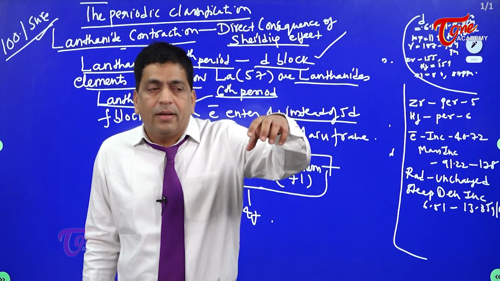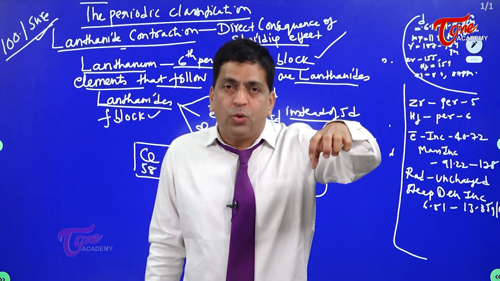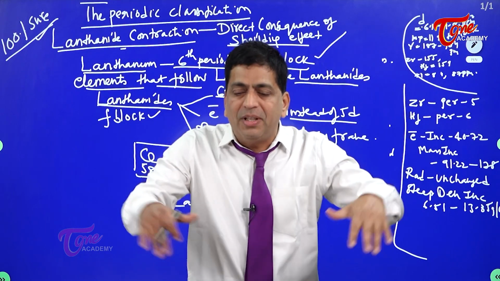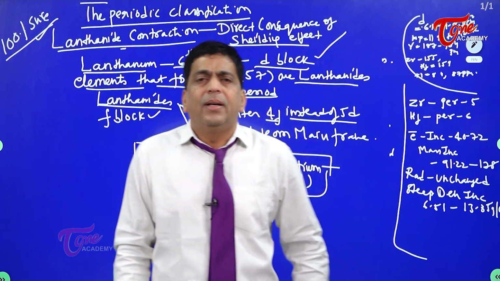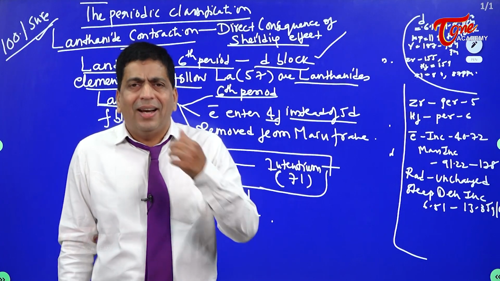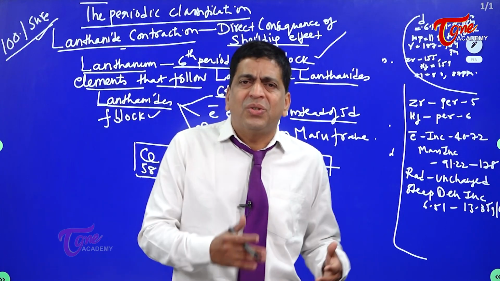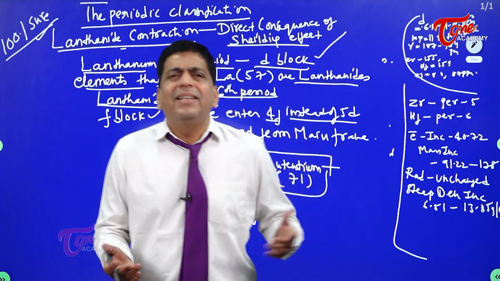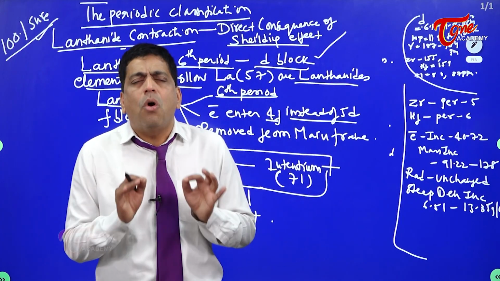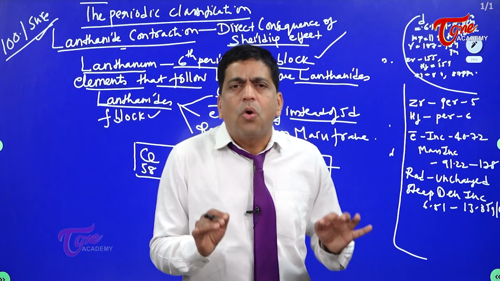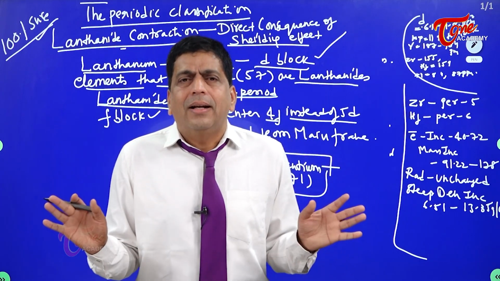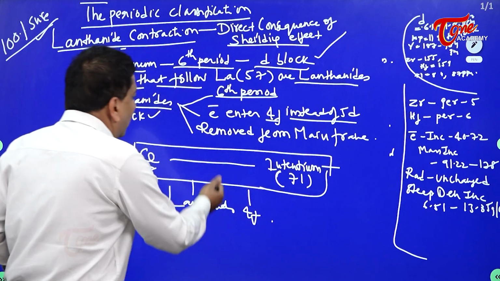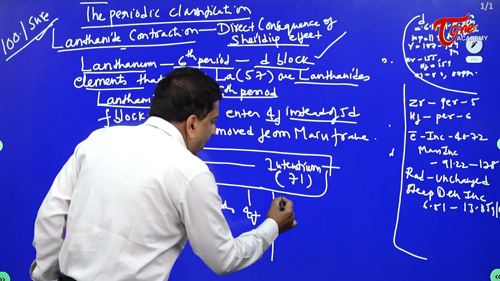Well, I ask this question on behalf of you. You say that instead of entering 5d, they have entered 4f, hence you kicked them out of the periodic table's main frame. Well, remember, while writing electronic configuration, the expected thing is they are supposed to enter D, but they enter F. It's common sense.